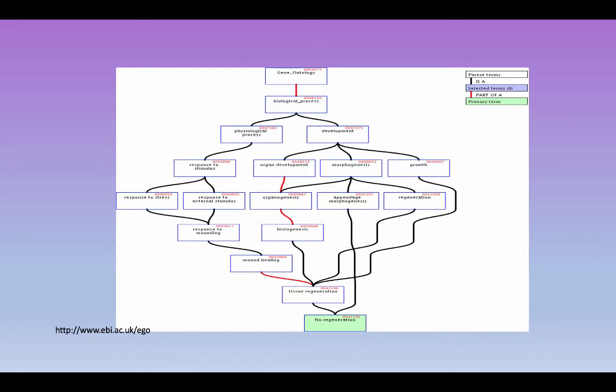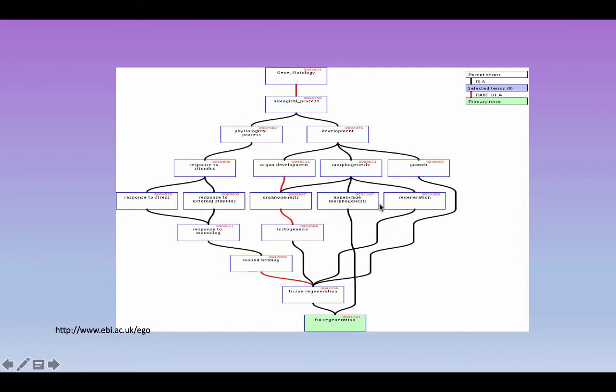And this is just another example of this directed acyclic graph. So we could think about tissue regeneration. We could say is a, or is a part of, wound healing. We have organogenesis is a part of organ development.